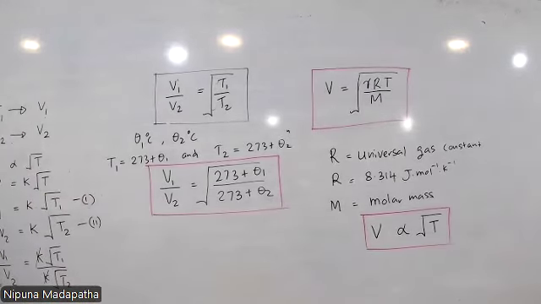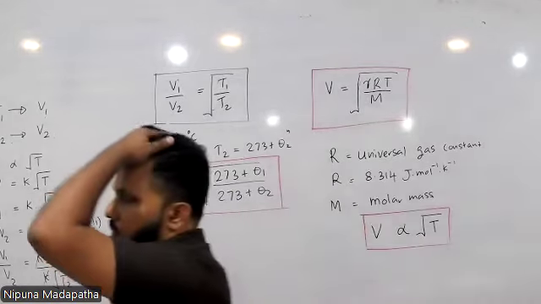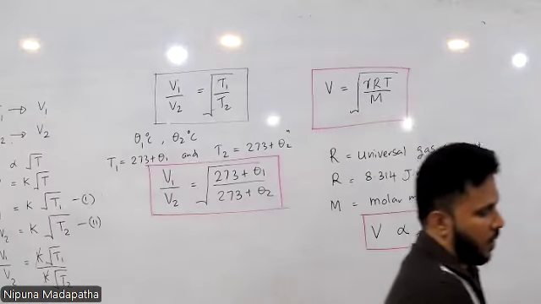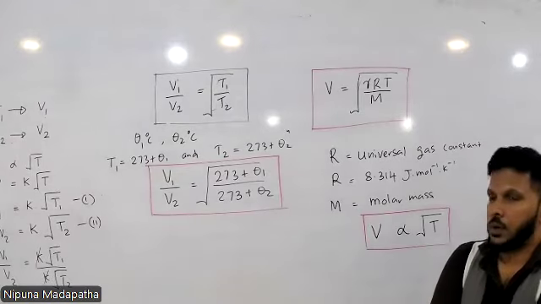Suppose the speed of sound in a certain gas at absolute temperatures capital T1 and T2 are V1 and V2 respectively.